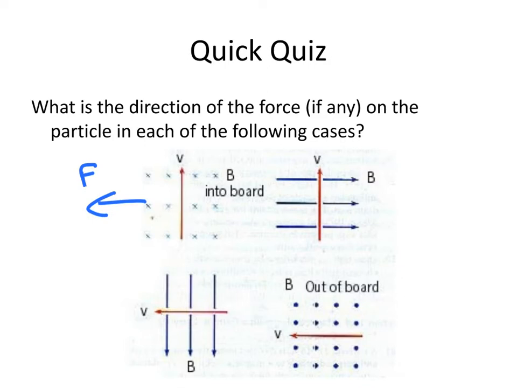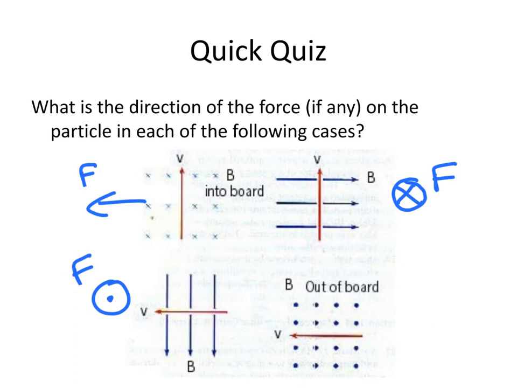In the top right here, we've got magnetic field to the right, so our fingers point to the right. Our thumb on the right hand points upwards. So that means that the force is into the page. Remember, into the page looks like that, so that's what our force looks like in that case. Bottom left, we have our fingers pointing downward. We've got our thumb pointing to the left with our right hand, and so the force comes out of the page and is going to look something like that.